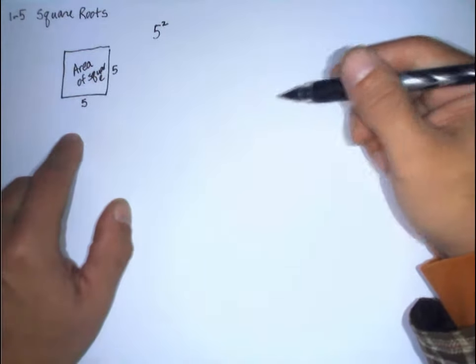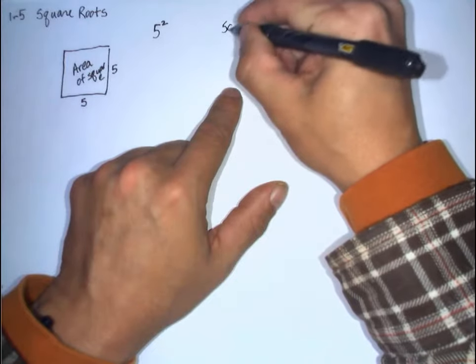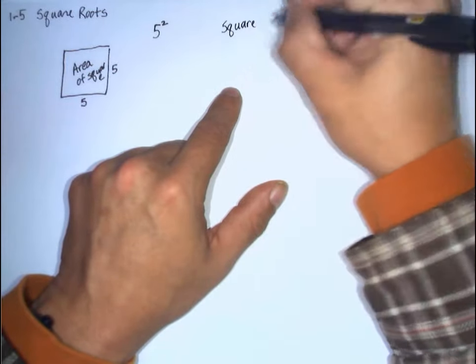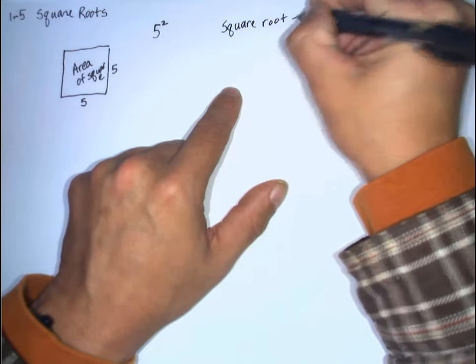Well, in today's lecture, we're going to do the opposite of that. We're going to find the square root. And the square root is the number used to multiply by itself.